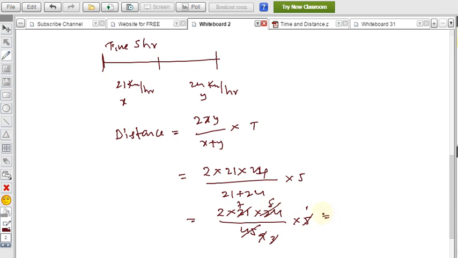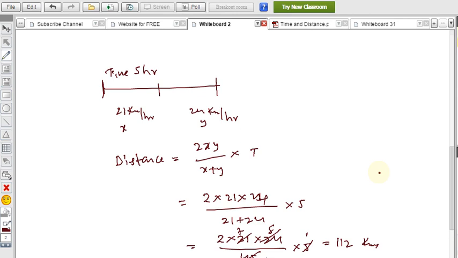If we simplify, 112 kilometers is the total distance. So average speed into time is nothing but distance; this formula, average speed into time, gives 112 kilometers.